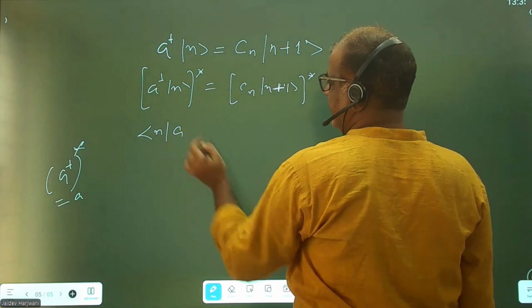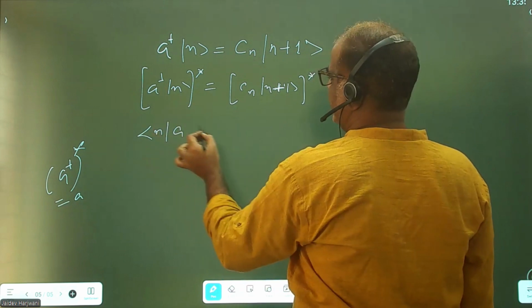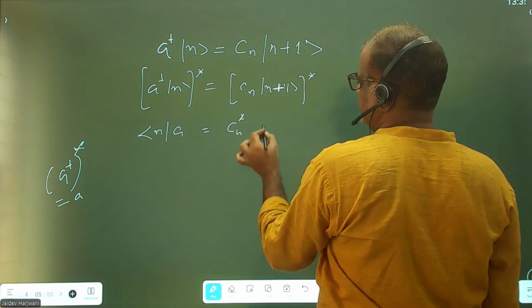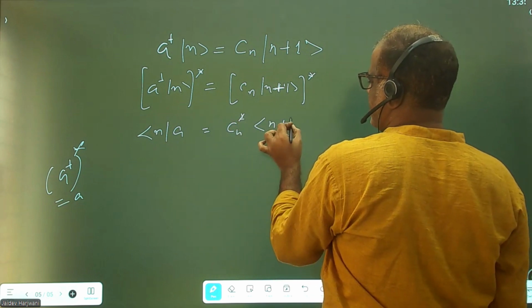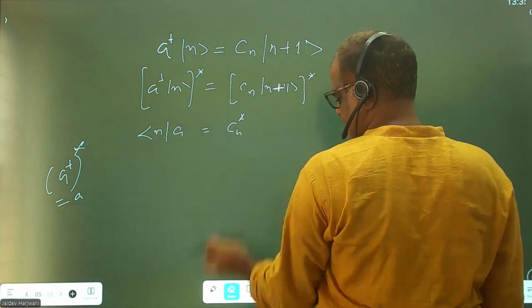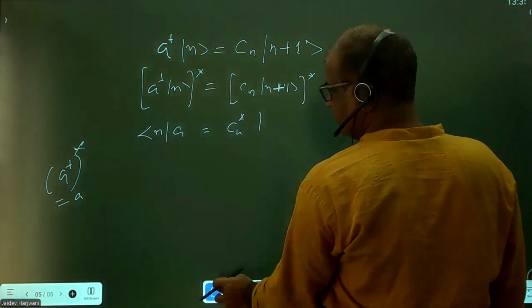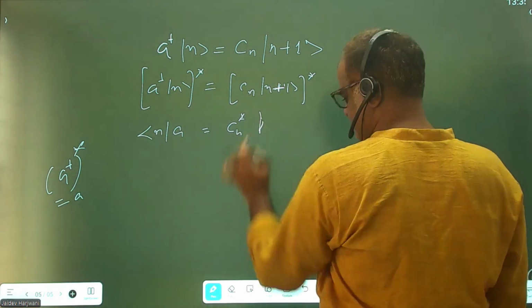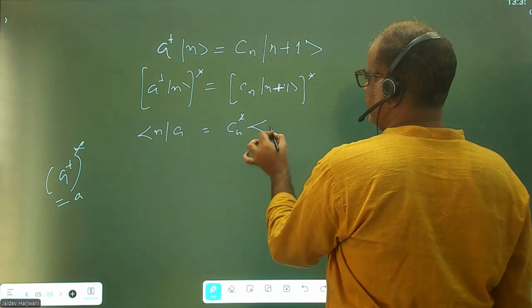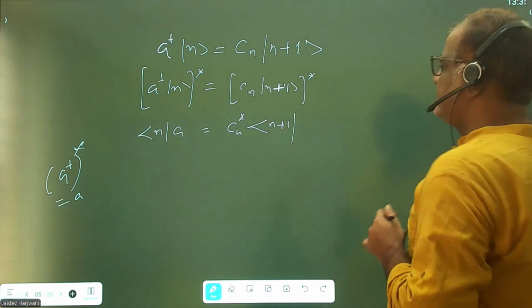So this becomes a, and this becomes Cn star, and this also becomes a bra vector. That means this will become the bra n plus 1, like this.